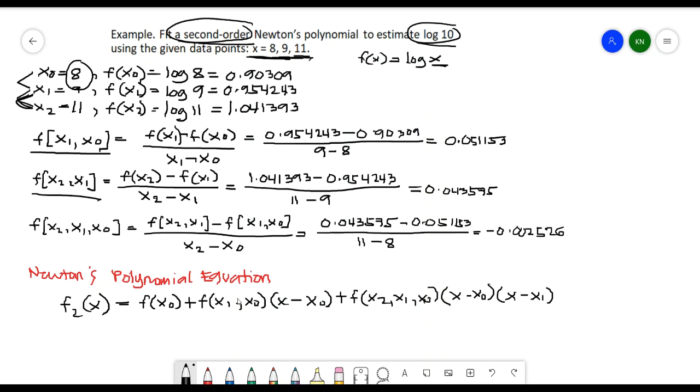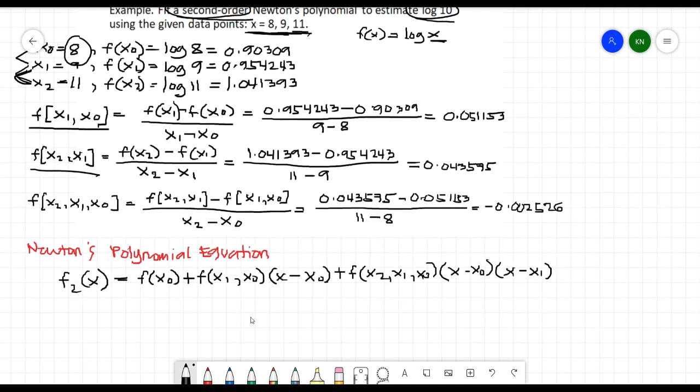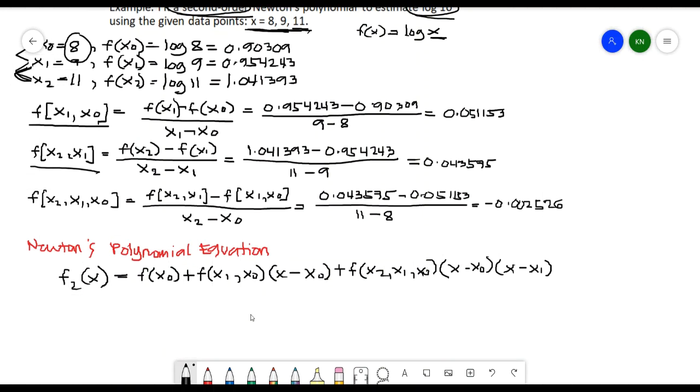Since we already have the values of all of these, we can just substitute them into our equation.